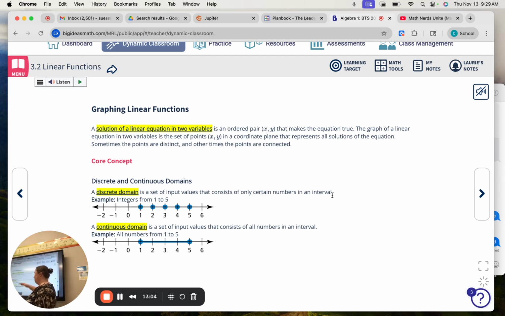So again, think about it this way: when it's discrete, you can't break it into parts. Continuous, you can break it into parts. That's the best way to think about it when you're doing word problems, or when you're looking at a set of numbers. If you see 2.6 and 3 and 6.7, that's going to be which one? Continuous. If I see 10, 20, 30, 40, 50, it's going to be discrete.